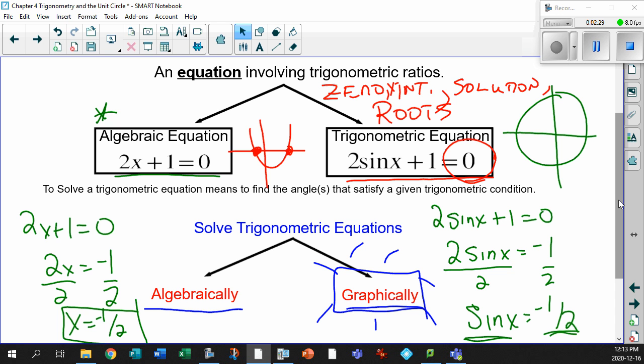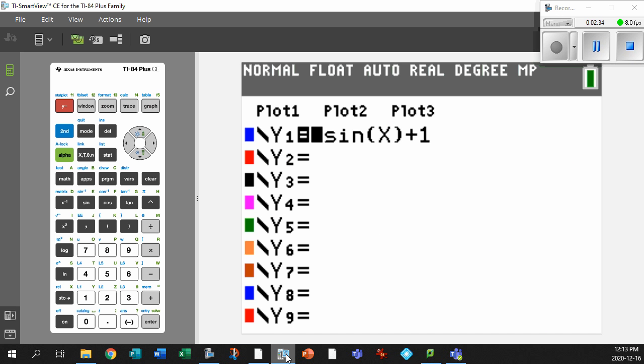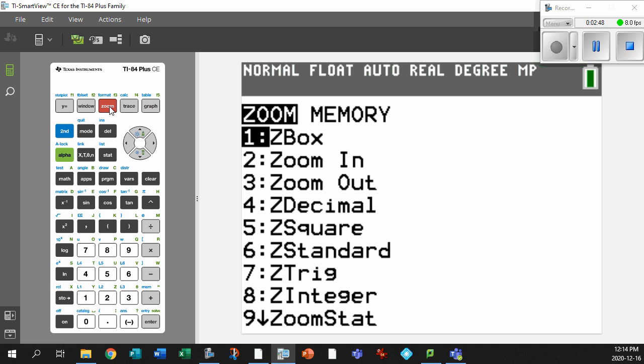It's actually quite hilarious. So bring up the old graphing calculator, and I put it in there for you already. So 2 sine x plus 1. Now, here's a neat thing. What about those window values? If you go over to Zoom here, look what this says way down here on number 7.